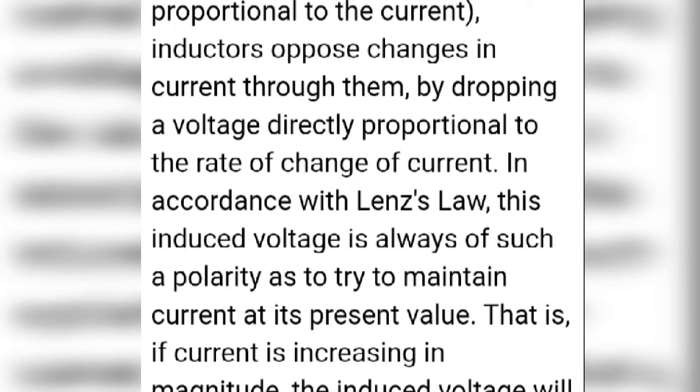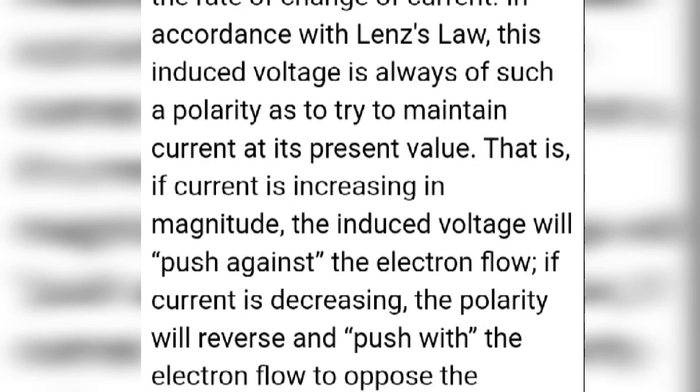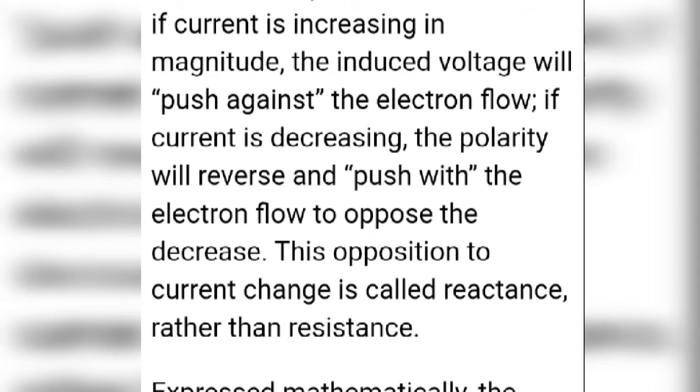That is, if the current is increasing in magnitude, the induced voltage will push against the electron flow. If the current is decreasing, the polarity will reverse and push with the electron flow, opposing the decrease. This opposition to the current or change in current is called reactance rather than resistance.